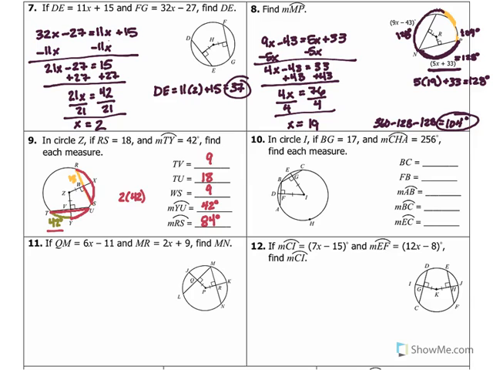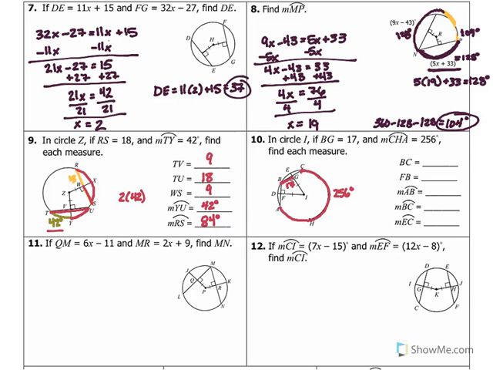So it says in circle I, if BG, so chord BG is 17, and BG is actually half of a chord, but it's 17, and the measure of arc CHA, so this is C, H, and A, so we have that major arc is 256 degrees.